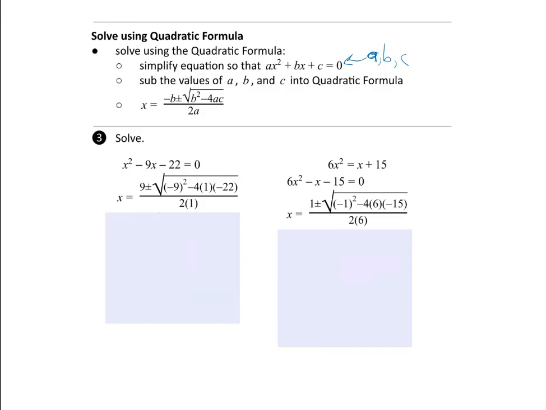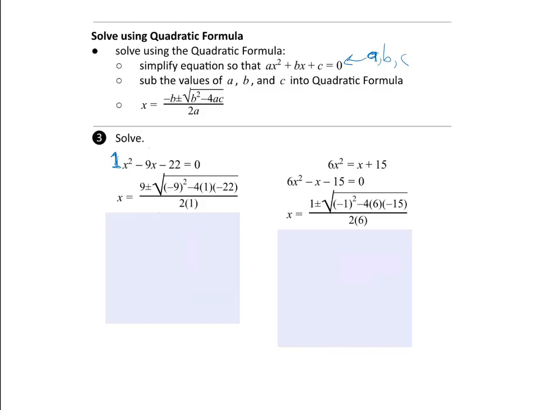Okay, moving on to the first example, because this formula doesn't make a whole lot of sense. Here, in our first example on the left, our a value is 1, right? Because it's 1x squared. Minus 9 goes in for b, or negative 9, and then negative 22 for c.